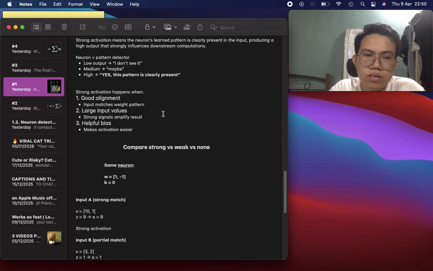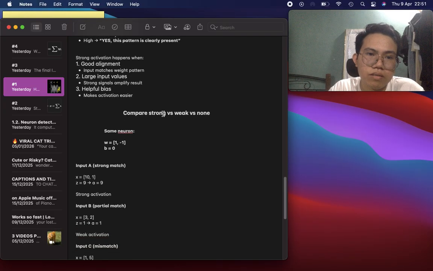With a low output, it means that I don't see it. If it is medium, maybe the patterns are there, and if it's high, yes, this pattern is clearly present.